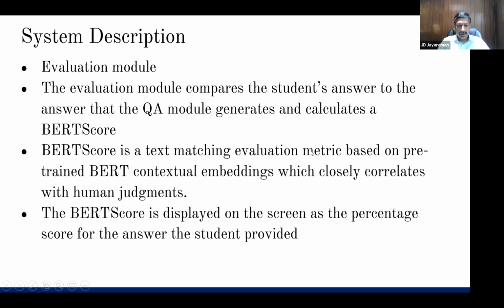BERT score is a text matching evaluation metric based on BERT embeddings, and it's used widely as well. It has been shown to closely correlate with human judgments. So we've used the BERT score as a measure of how good the student's answer is, and the student's answer is scored as a percentage based on the BERT score.